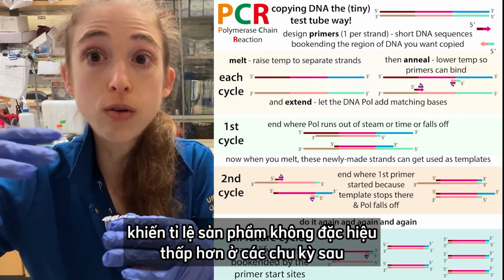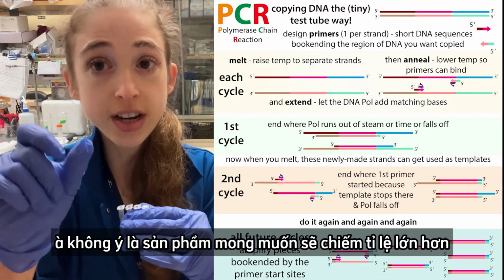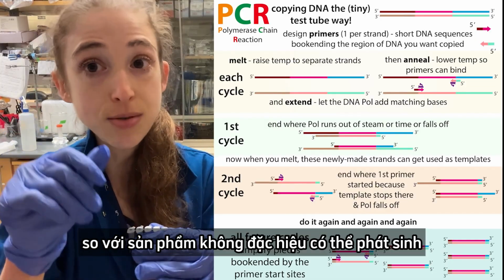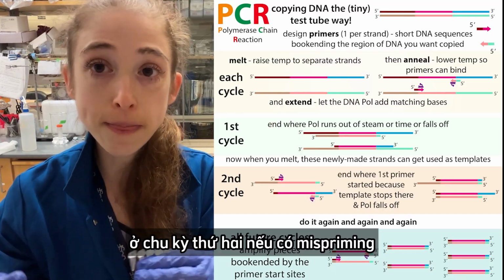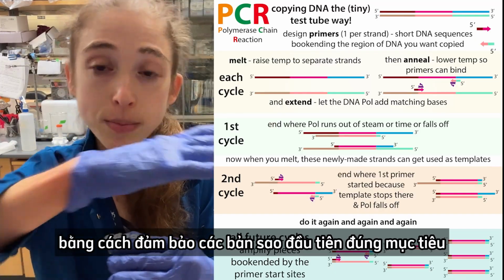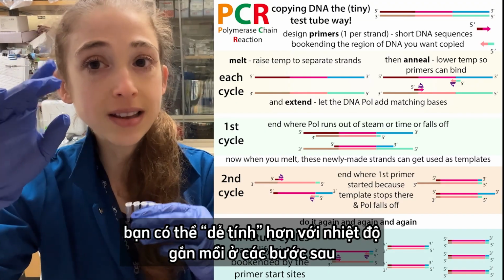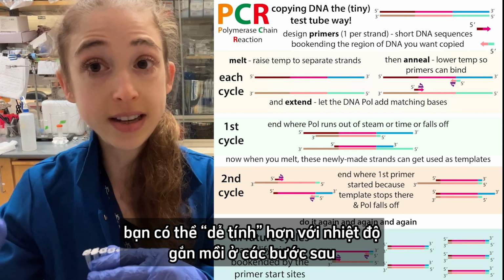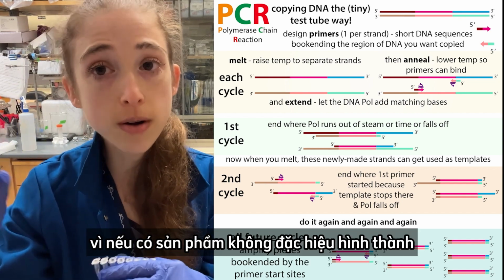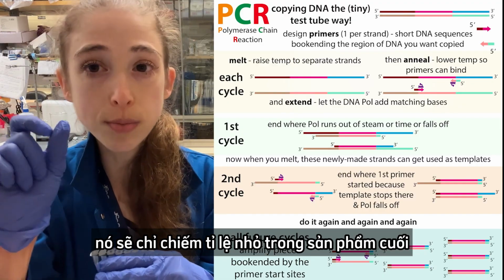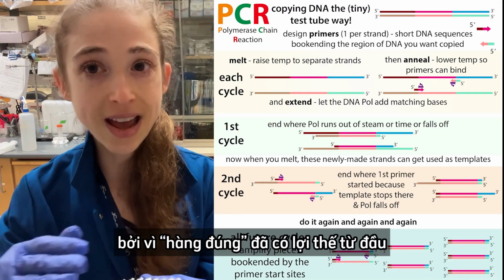The later cycles are going to be a larger proportion than that non-specific product that you might get, say, in that second cycle if you get some mispriming. So by having your beginning templates that get copied be the right ones, you can be a little laxer with your annealing temperature in the later steps, because if one of those non-specific products forms, it's going to represent a smaller proportion of your final product because your good ones got a head start.